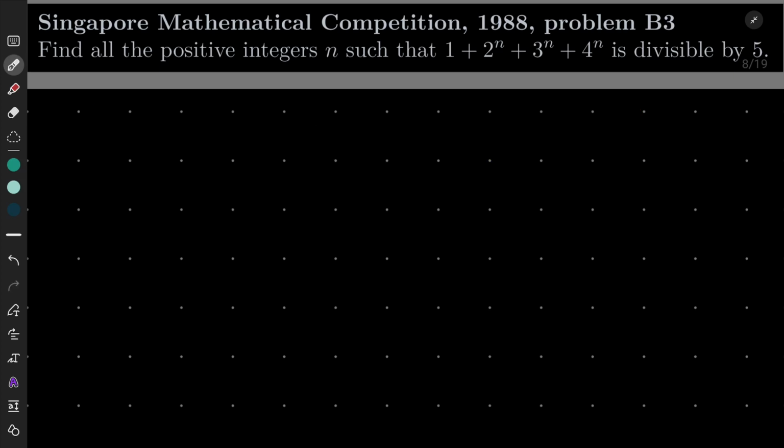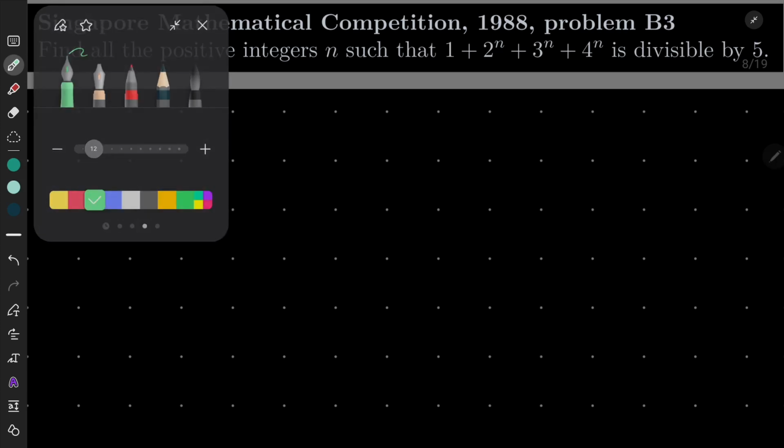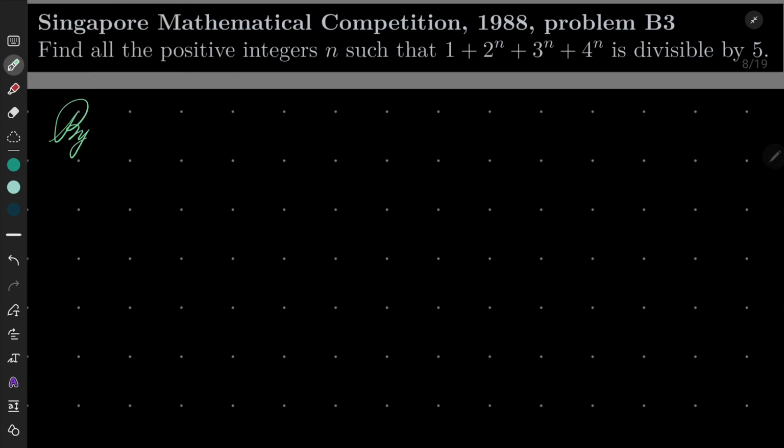Okay, so let's notice that here we can use Fermat's little theorem.